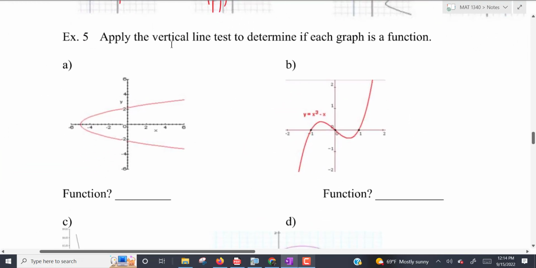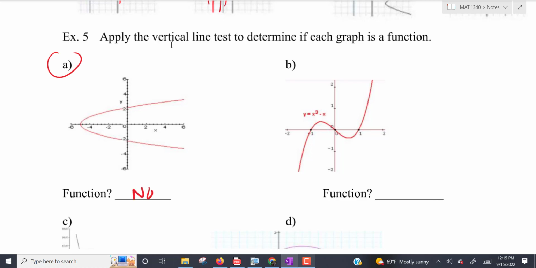So let's go ahead and just do some of these together, then I'll let you do a couple of these real fast. Okay, on part A, what do you think? Yes or no, a function? No. How come? Because you can find a vertical line that goes through 2 points. That fails the vertical line test. That's not a function. How about the next one, B?